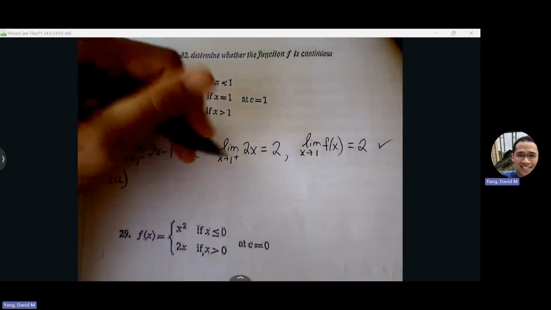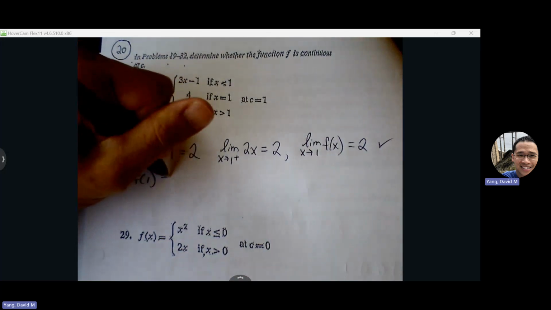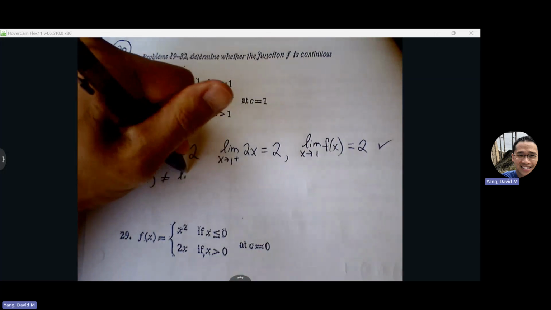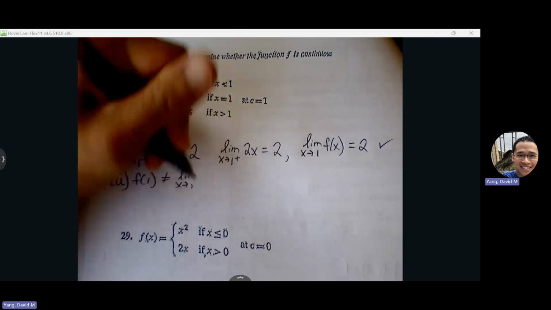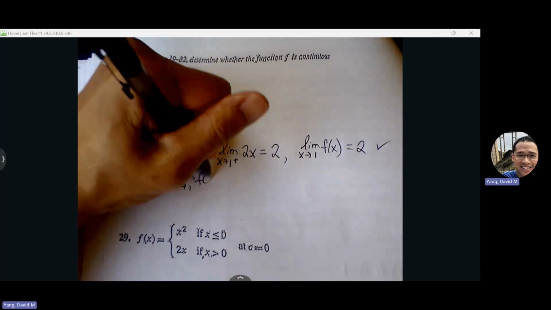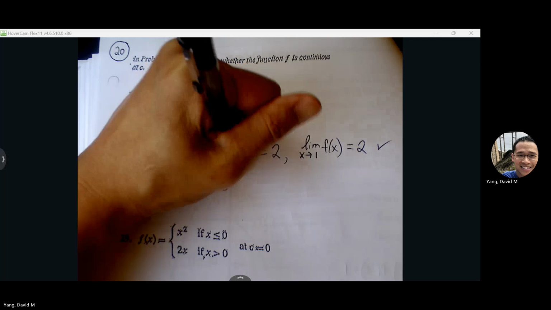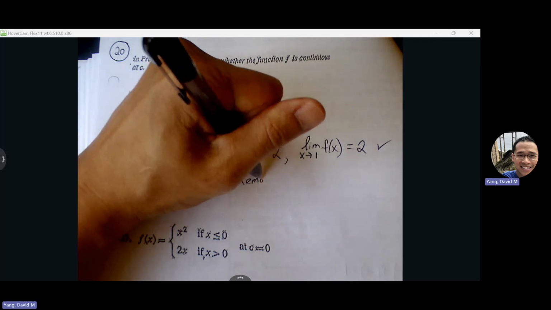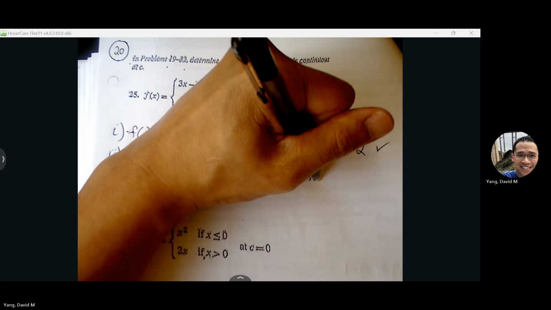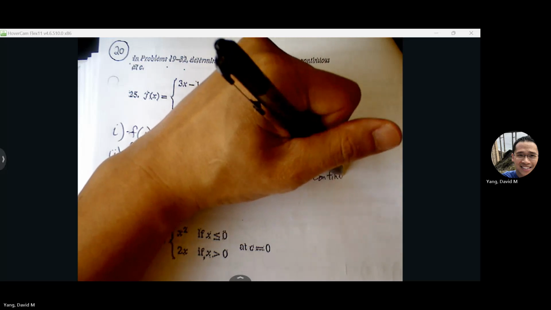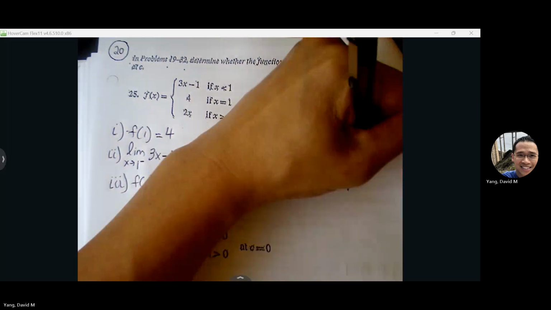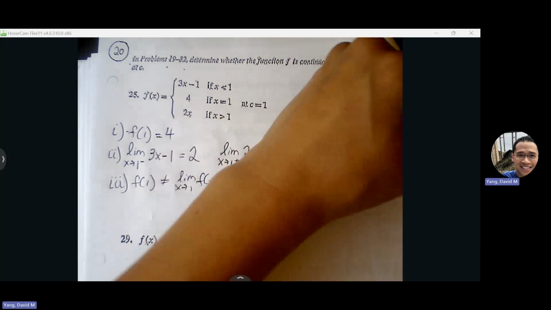You want to write it out this way. f of 1 does not equal the limit as x approaches 1 of f of x. Therefore, removable discontinuity at x equals 1.